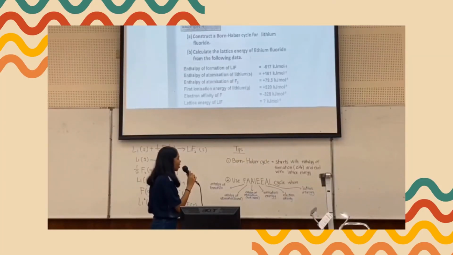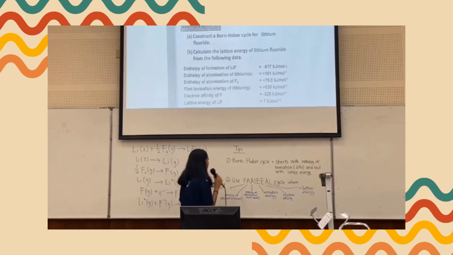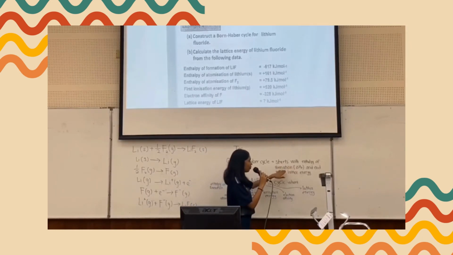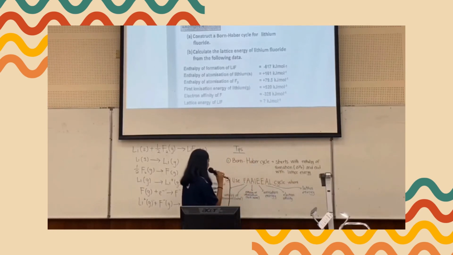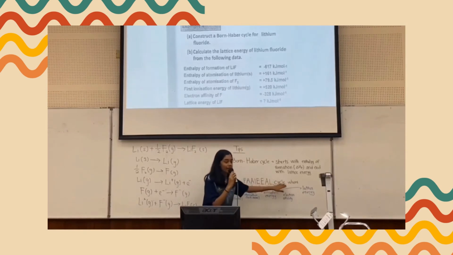Okay, now let us try to draw the empty cycle diagram of Born-Haber cycle. There are a few tips and steps that you can follow to draw this. First of all, let's look at the Born-Haber cycle. It starts with enthalpy of formation and ends with lattice energy. The second step that you can follow is to use the FAA, IE, EAL cycle.